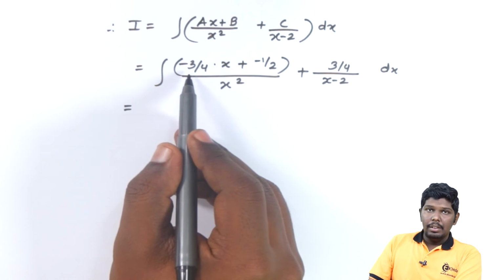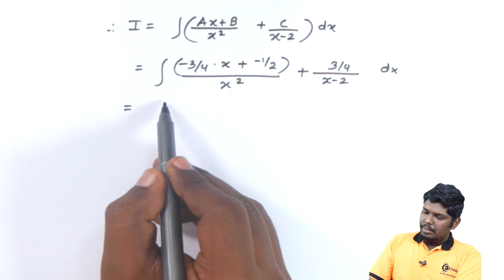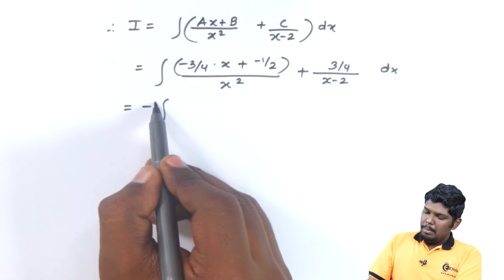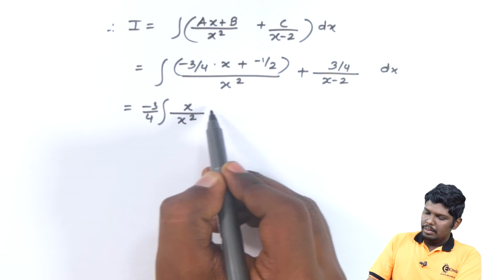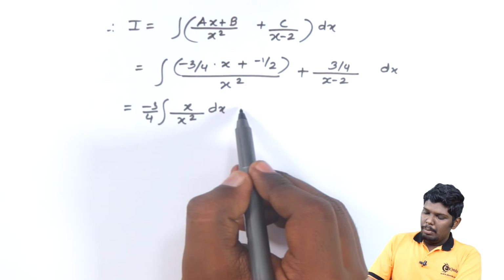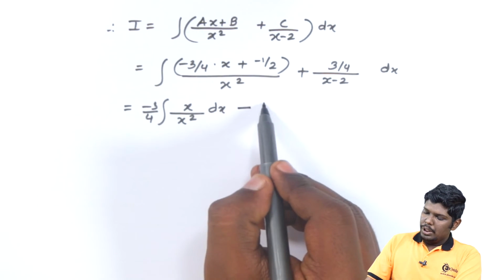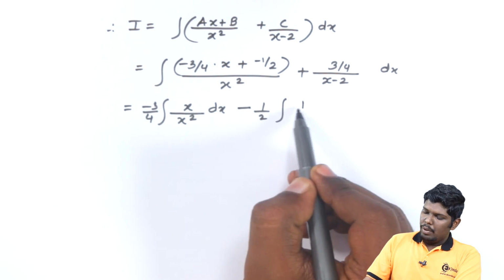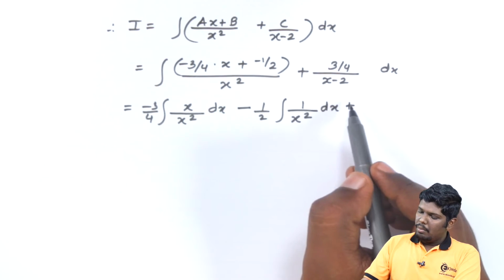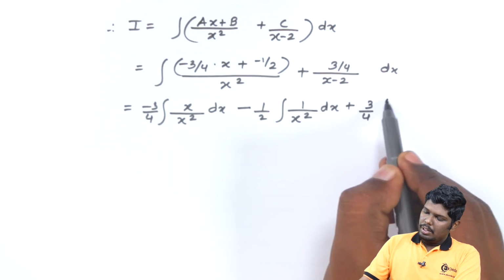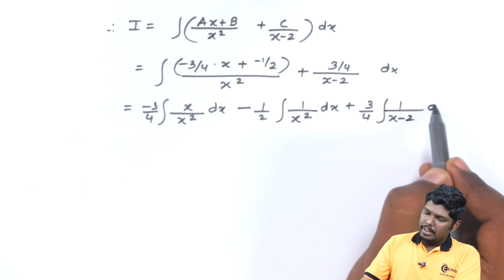On further separation, we can write it as minus 3 by 4 we have x upon x square left, plus into minus will be minus, 1 by 2 is a constant. We have 1 upon x square left. From this part we have 3 upon 4 and 1 upon x minus 2 dx left.